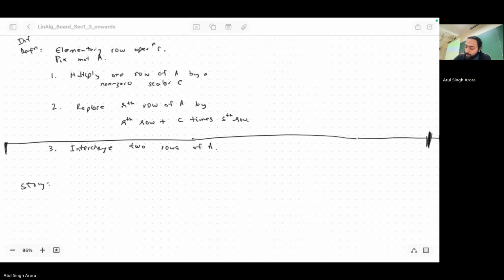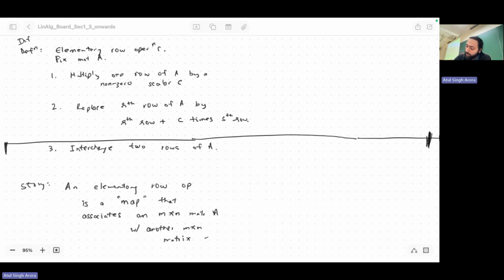So an elementary row operation is a map, basically, that associates an m cross n matrix A with another m cross n matrix that we call E over here.